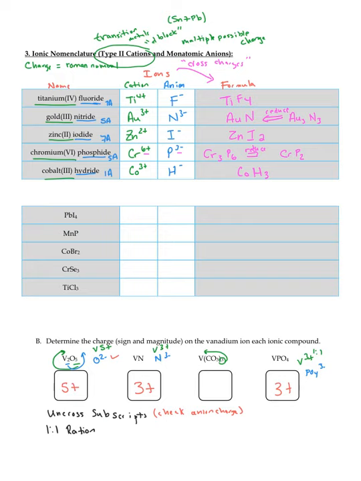Now, the last thing that we have to be careful of is what we have here with our VCO3. If you were to uncross charges, again, this 3 could be thought of as coming from the vanadium. And the understood 1 here on vanadium would come from my CO3.